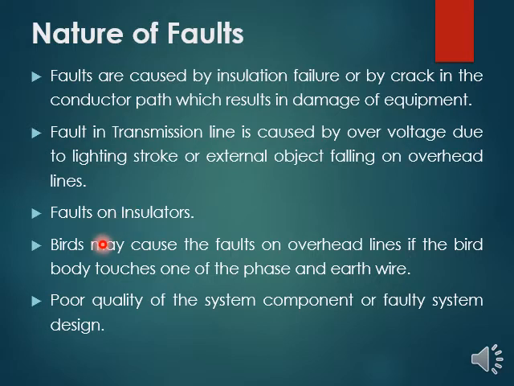Birds may also cause faults on overhead lines if the bird's body touches one of the phases and the earth wire. Poor quality of system components or faulty system design can also cause faults. So these points can be the nature of faults. This is how a fault can occur in a power system.